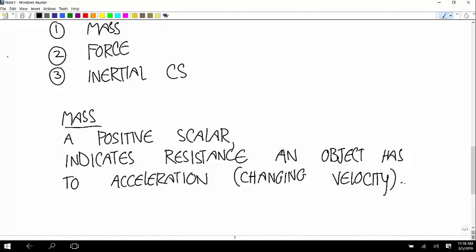If something has a big mass, a high positive scalar, it's very resistant to changes in velocity. If it has a small mass, it's very easy to change its velocity and make it accelerate.